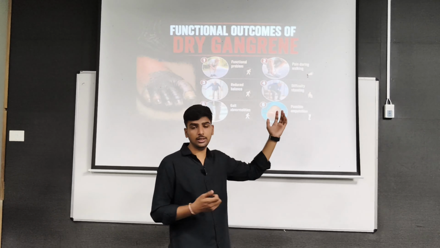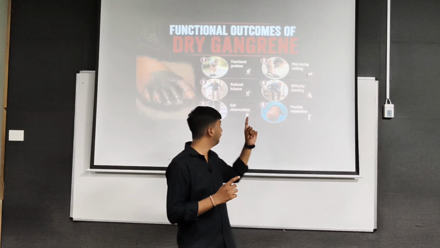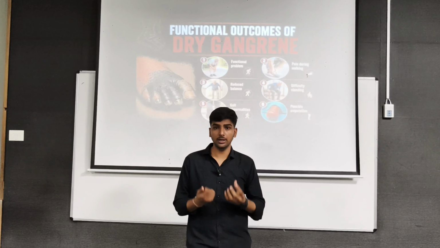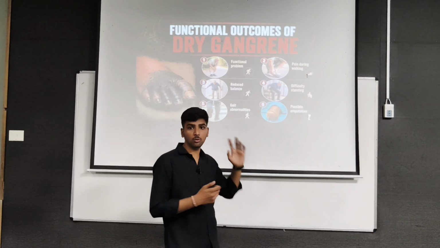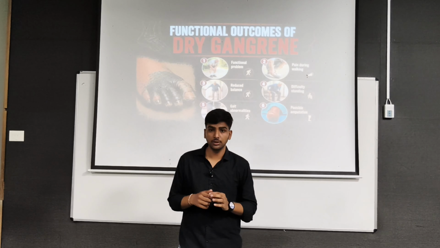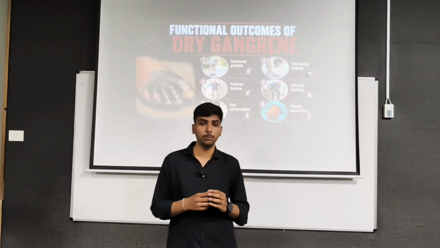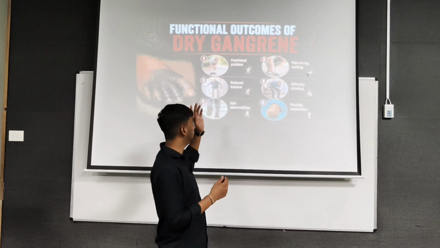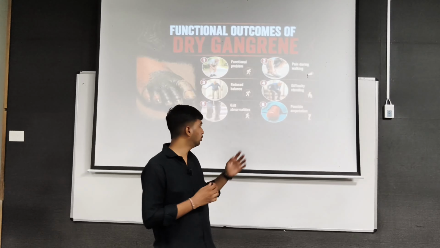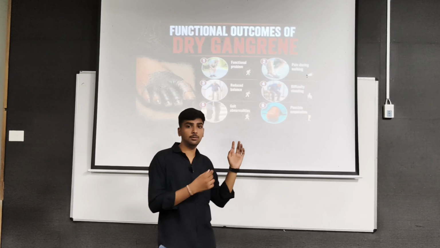Then difficulty in standing due to pain or weakness of the lower limb muscles. Then gait abnormality, like the patient will change his or her gait pattern, like limping gait. If these conditions worsen, we have to amputate part of the limb or the whole limb.